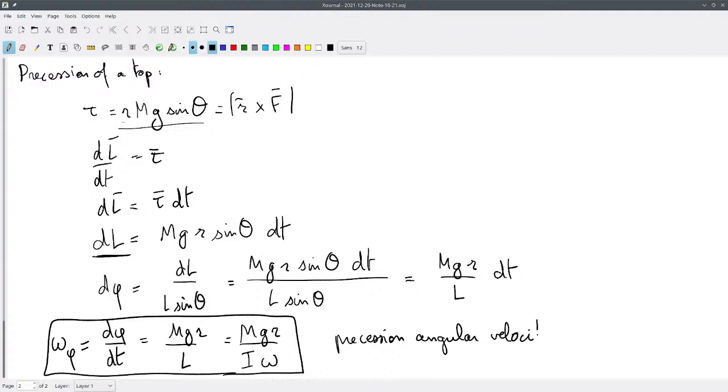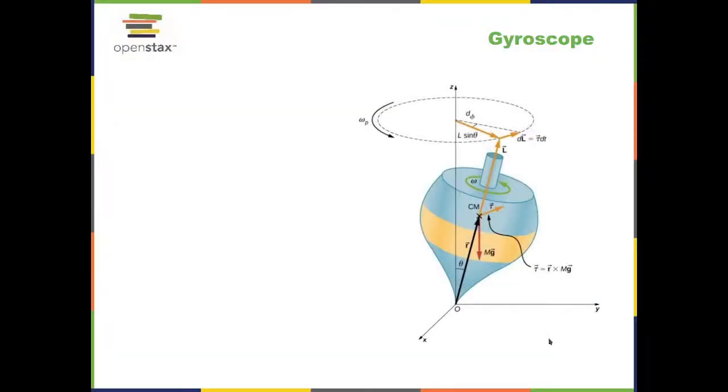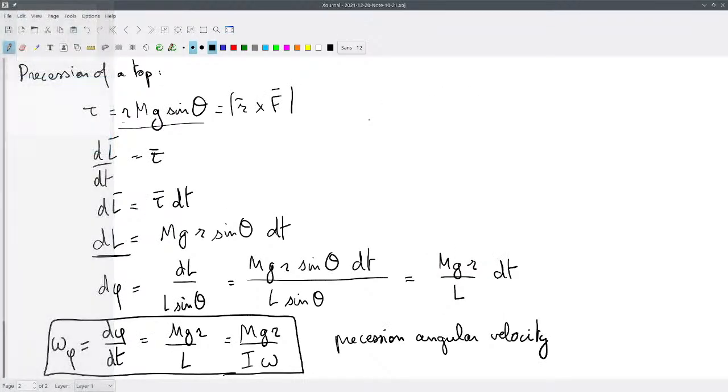That's the angular velocity with which the axis of rotation will rotate around the z-axis. So if we have a rotation omega around the axis of the top itself, it will rotate with a precession angular velocity omega p, given by this expression. So a larger omega will result in a smaller precession velocity.